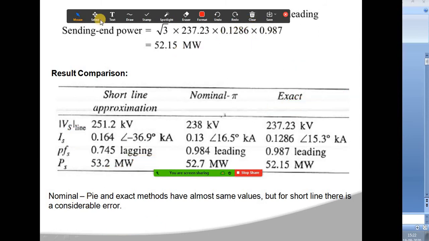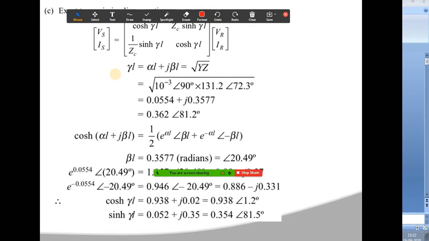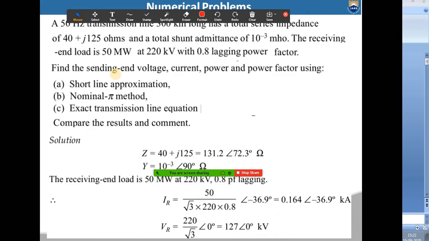Okay, so like this you can calculate the sending end voltage, current and power factor for a transmission line using all the methods: the short line approximation method, the nominal pi method and the exact transmission line equation.